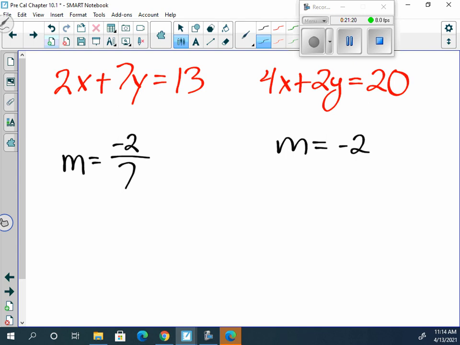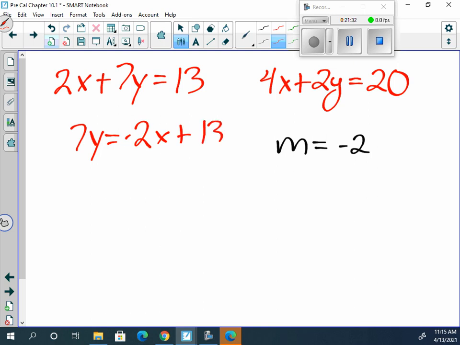And this is a fast shortcut way to do it, because if we did the step by step, hold on, we would have subtracted 2x, which would have given us 7y equals negative 2x plus 13. I really don't care about 13. Divide by 7.